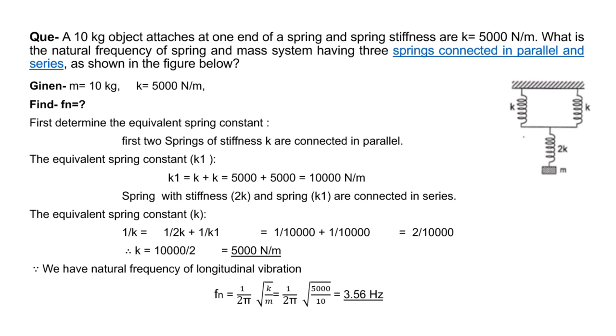Therefore for the series combination use the formula 1 upon k is equal to 1 upon 2k plus 1 upon k1. Applying that we will get the stiffness k as 5000 Newton per meter. Then put it in the formula of natural frequency, you will get the frequency Fn is equal to 3.56 Hertz.